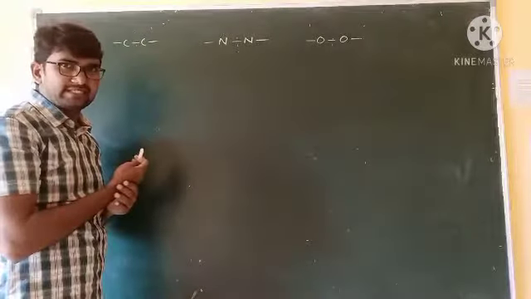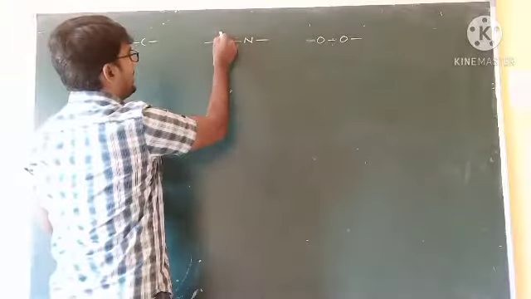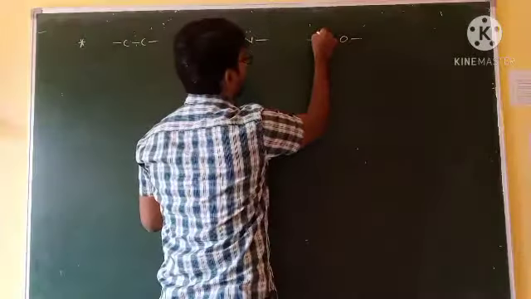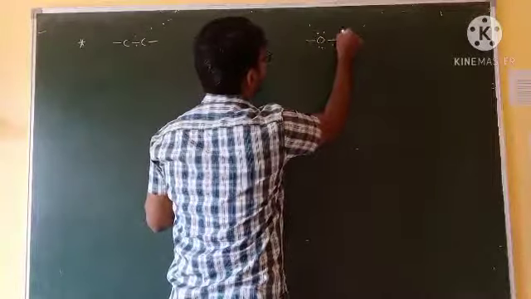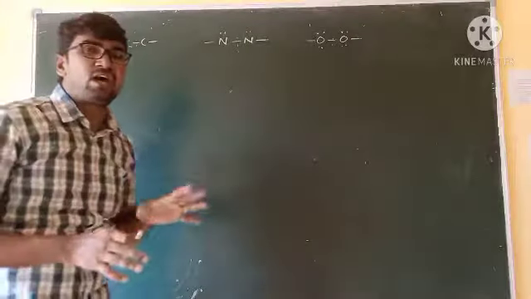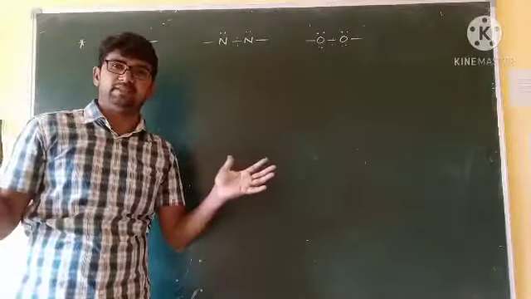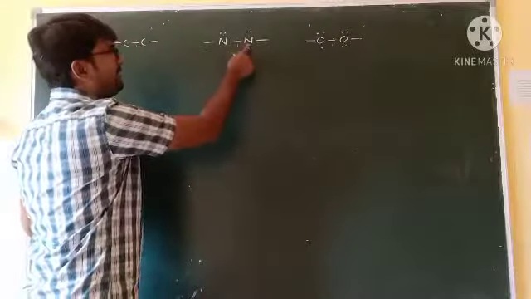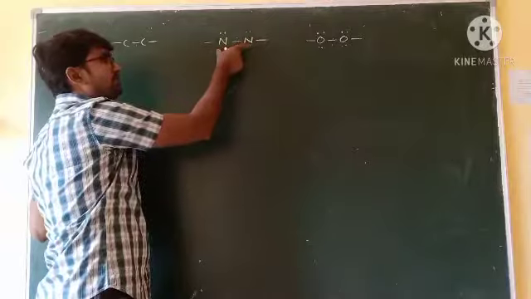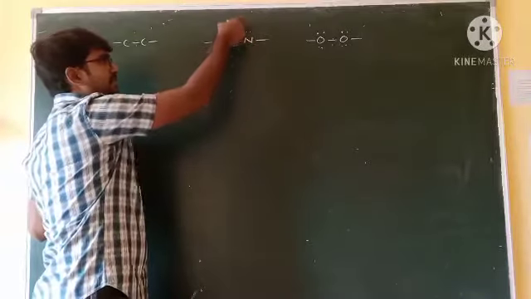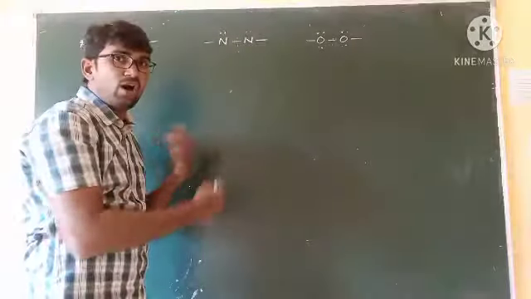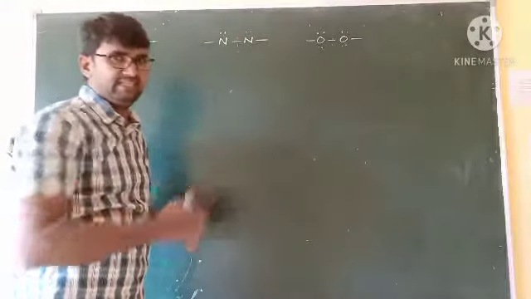These three look like the same, but nitrogen contains one lone pair. This oxygen contains two lone pairs. So lone pairs always repel each other. This one contains one lone pair, this one contains one lone pair. These two lone pairs, because these two atoms are adjacent atoms, are repelled to each other because they are already in fighting.